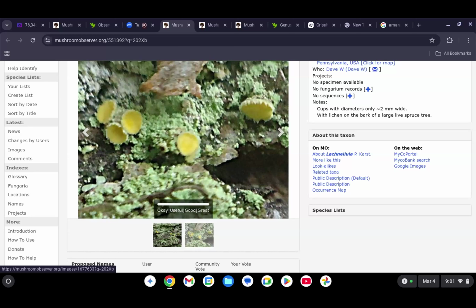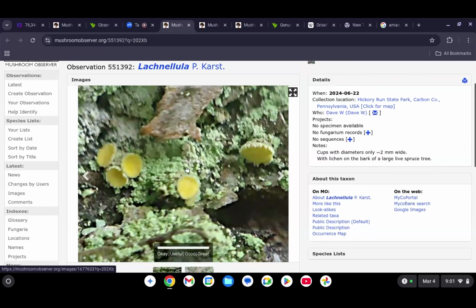Is it lichenized? Is it parasitic on the wood? Is it parasitic on another fungus? A lot of the times in the paper that I'm reading, it says that something between symbiotic and parasitic cannot be ruled out, right?